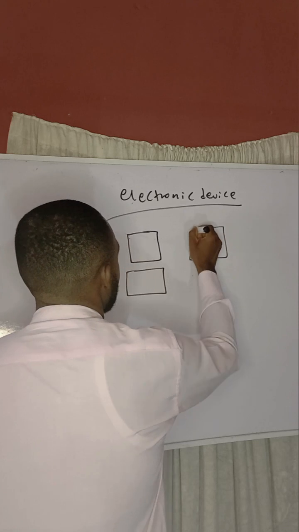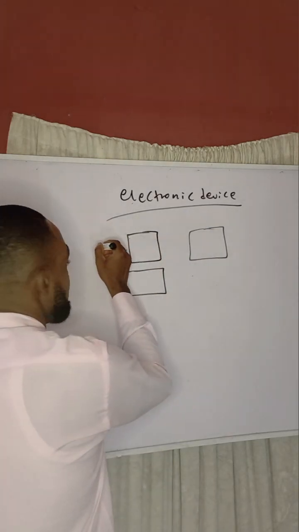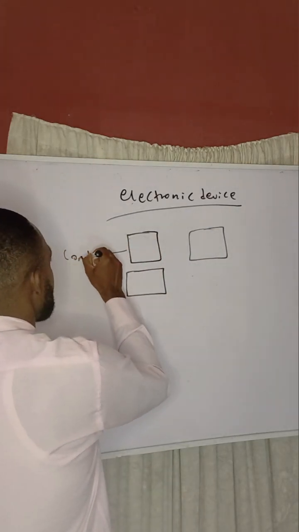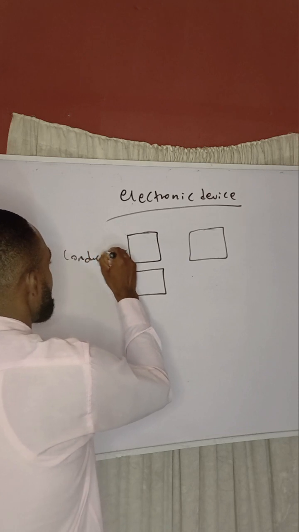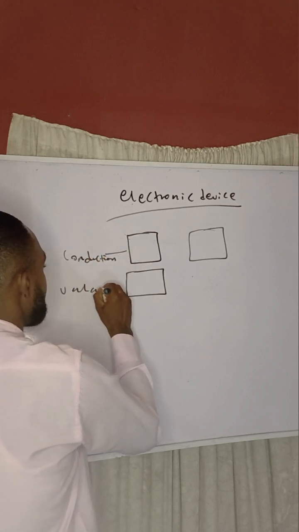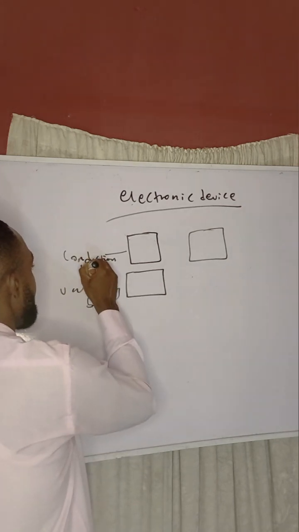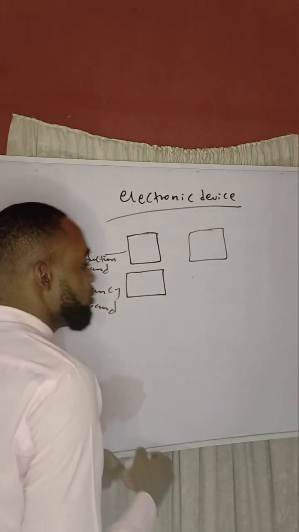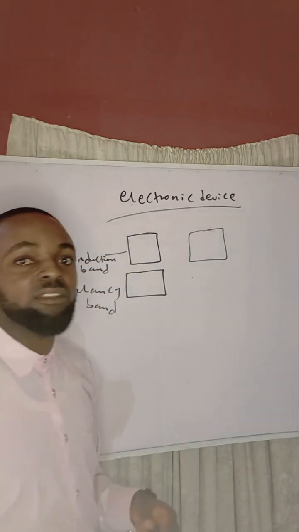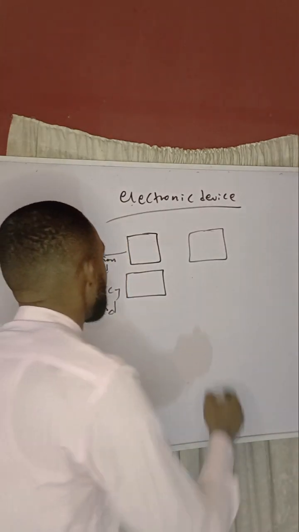So we have the conduction band, and we have the valency band. Here is the valency band, and this is the conduction band.